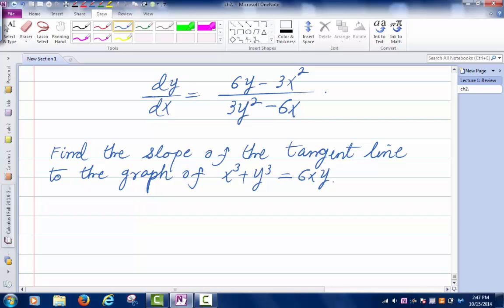So you have to find the slope of the tangent line to the graph of this equation at the point 3, 3. Okay? At the point 3, 3.